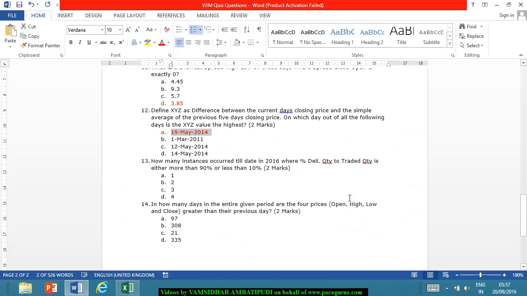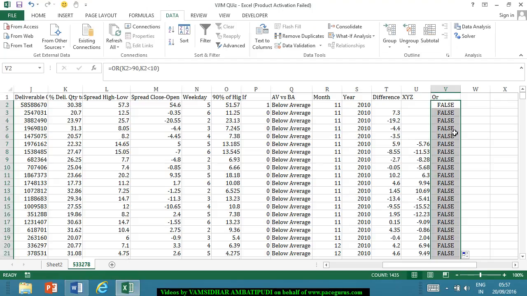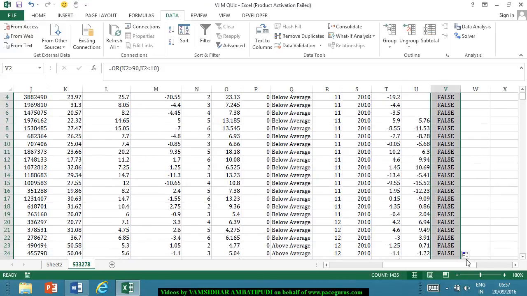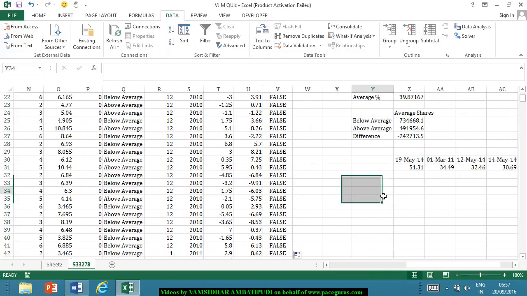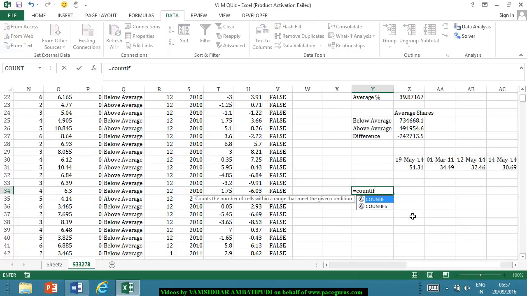So the question is, how many instances occurred till date in 2016 where percentage delivery quantity to the traded quantity is either more than 90% or less than 10%. So overall I have looked at where all it is either more than 90% or less than 10%. Now I can do a COUNTIFS, because the year has to be 2016.